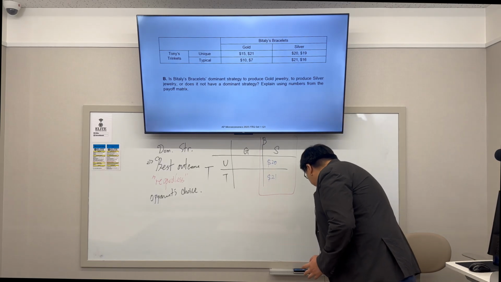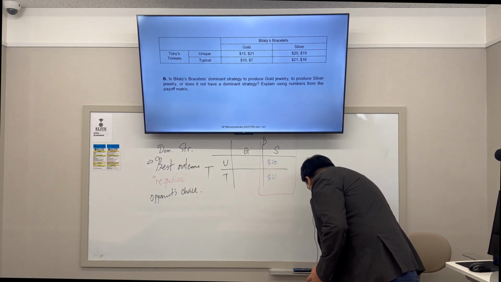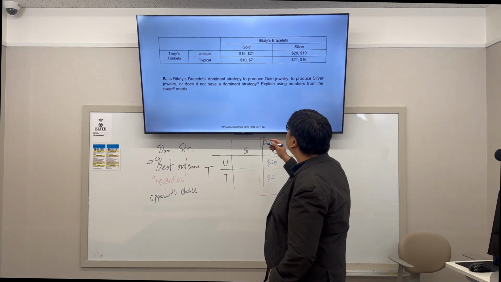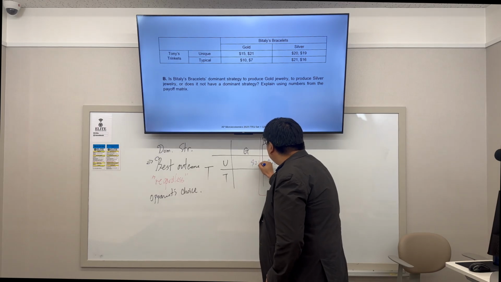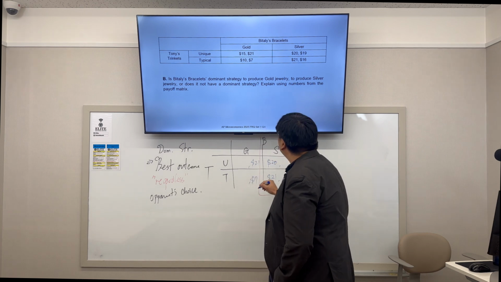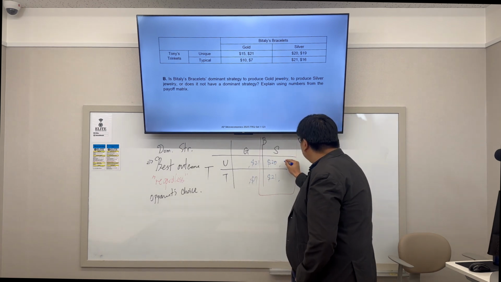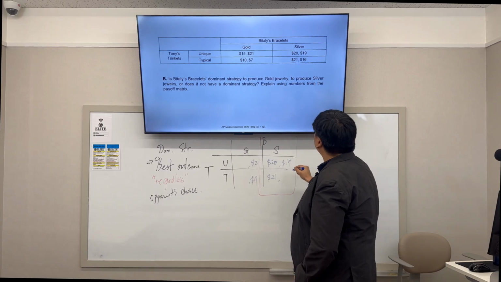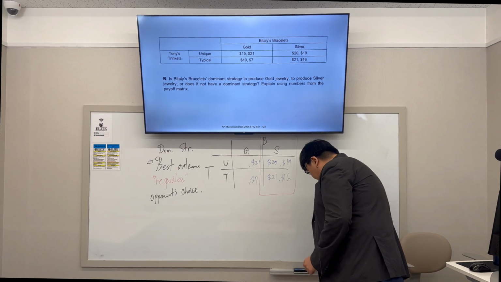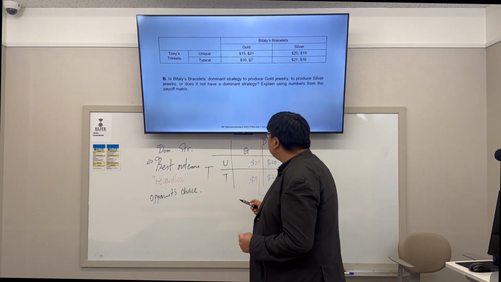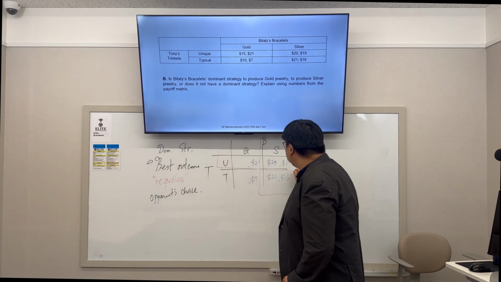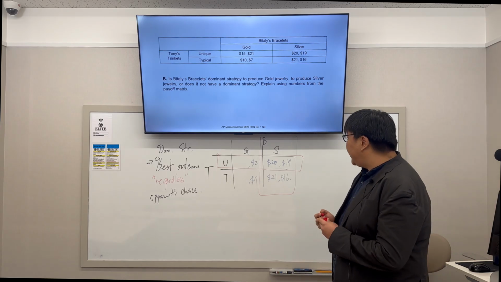Let's actually compare the payoffs here. For Beetle's Bracelets, we have 21, 7, 19, and 16. The first scenario to consider is when Tony's Trinklets chooses to produce unique.